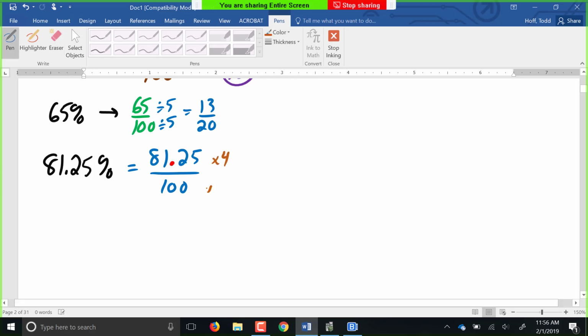But there's a more prescribed way of doing it. You just look at the number of decimal places. There are 2 decimal places that we need to get rid of. If I multiply by 100, it moves the decimal point over 2 spots. So if I multiply by 100 on top and bottom, I get 8,125 over 100 times 100, which is 10,000.